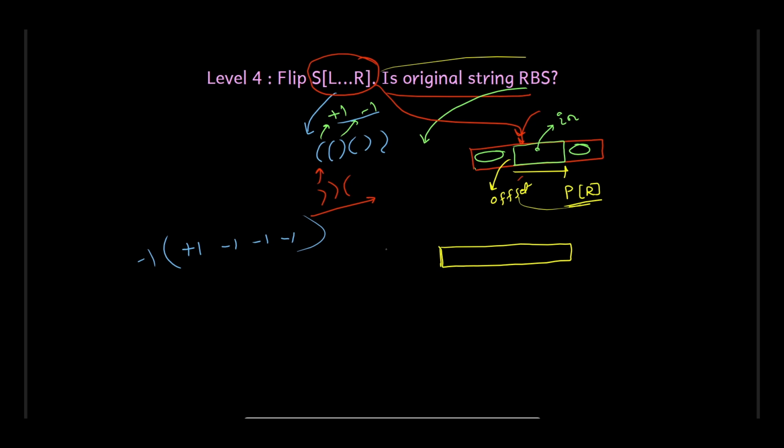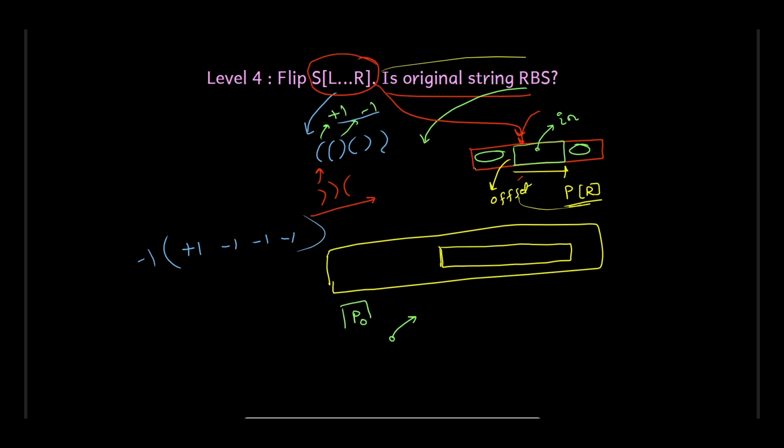Now, how do you ensure that the original string will still be an RBS after you do the flip? To do that, you can maintain two versions of the prefix sum array. The version P original would be just the original prefix sum, that is, opening replaced with plus 1 and closing replaced with minus 1, and you maintain P star, which is the inverted version, wherein you replace opening with minus 1 and closing with plus 1.